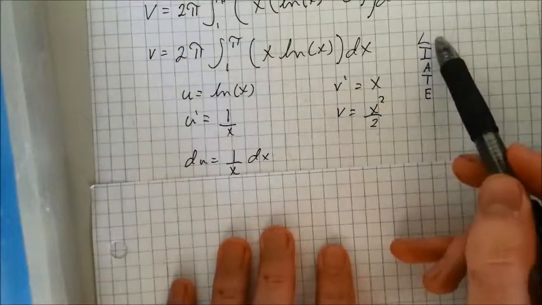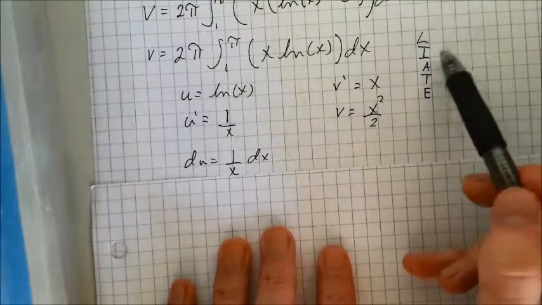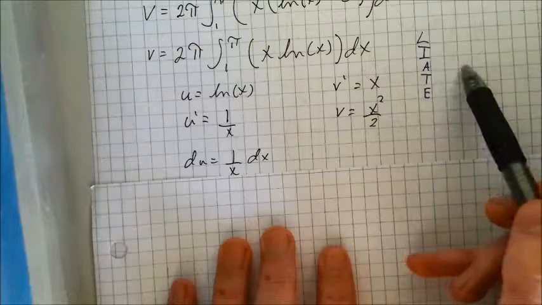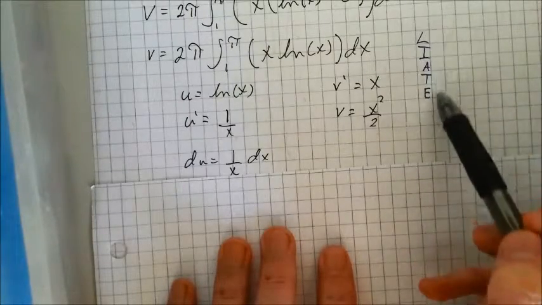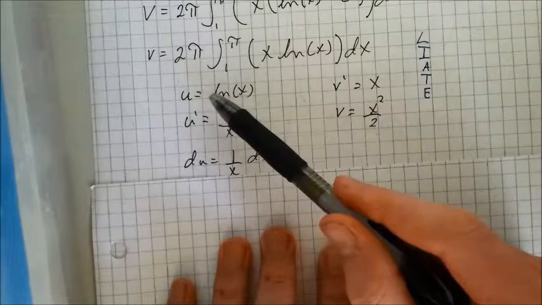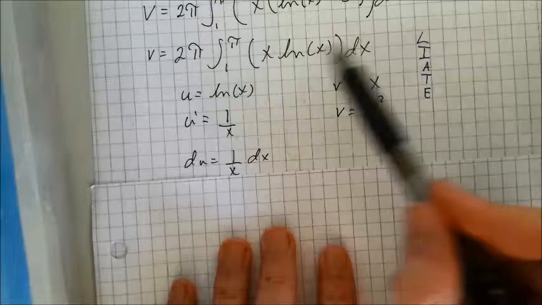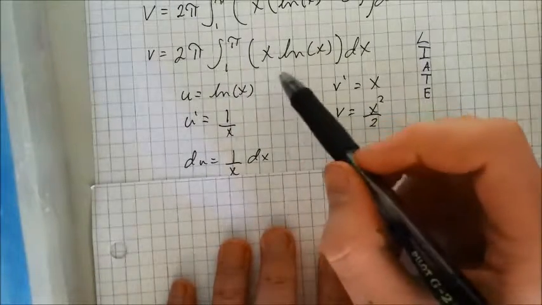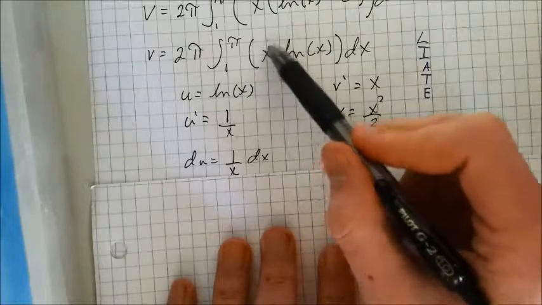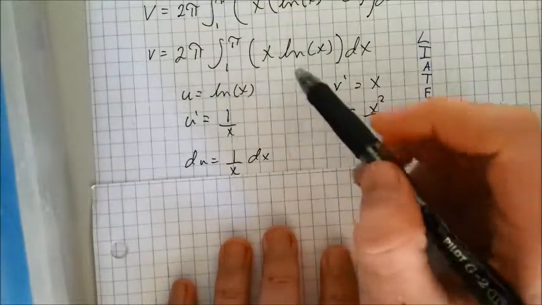And if we look at the acronym LIATE, standing for logarithm, inverse trigonometry, algebra, trigonometry, exponents, this is a hierarchy of u values. Because we have the natural log of x, that's at the very top of the hierarchy, and so that's going to be what we use as our u value. And everything else is going to be our v prime. So our x here is going to be our v prime, because that's all that's left after we take out this natural logarithm.